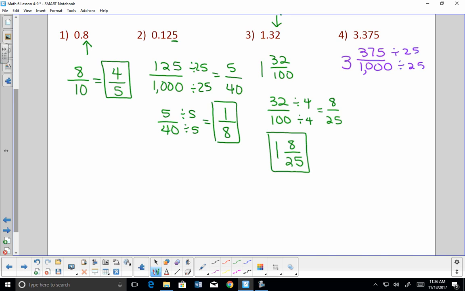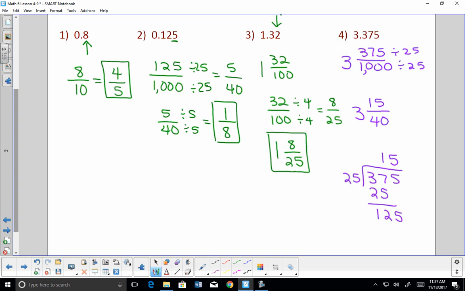So this becomes 375 divided by 25. If you don't know that, take 375 down here and divide it by 25. 25 goes into 37 one time. So 1 minus 5 is 2, 3 minus 2 is 1. 125. 25 goes into 125 5 times, so this goes down to 15. And 25 goes into 1,000 40 times.